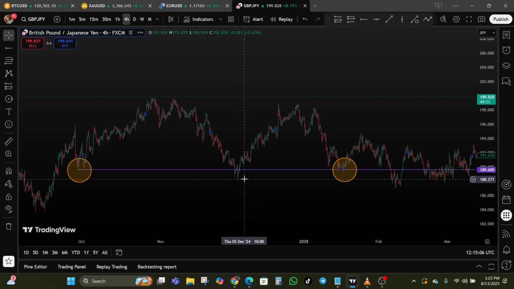Breakout traders might set sell stop orders below the support level. So both the buy limit traders and the sell stop traders will likely get stopped out by that fake out.